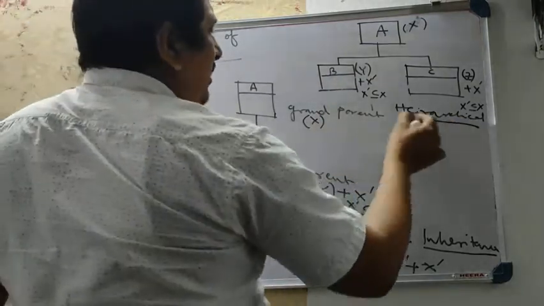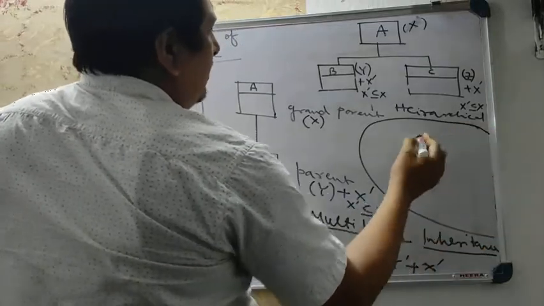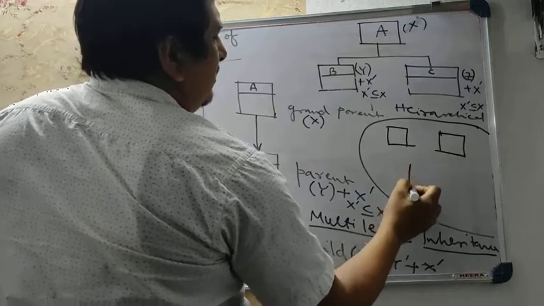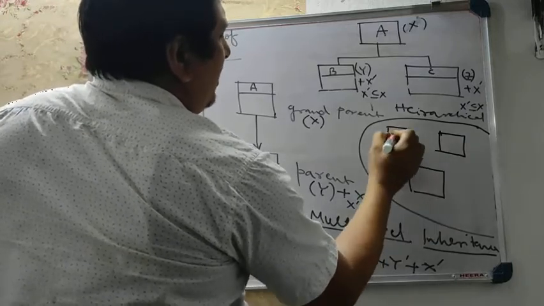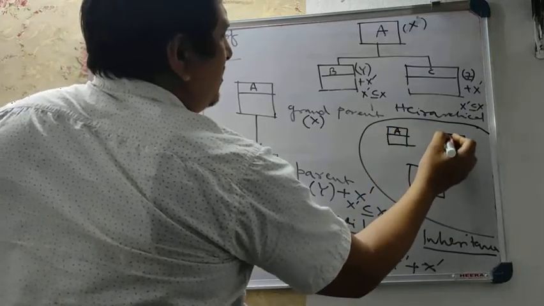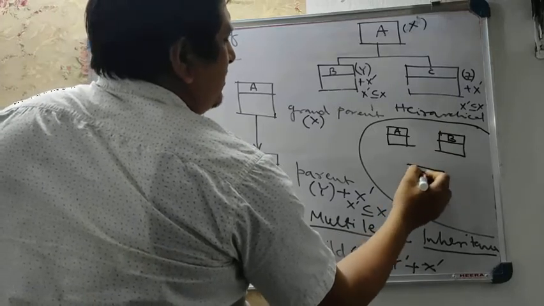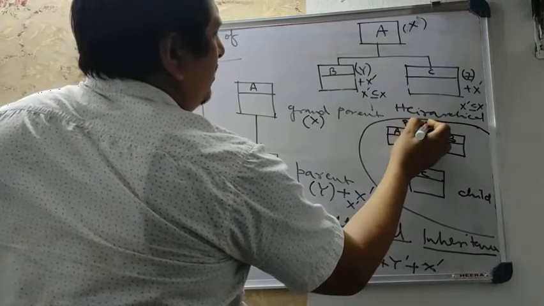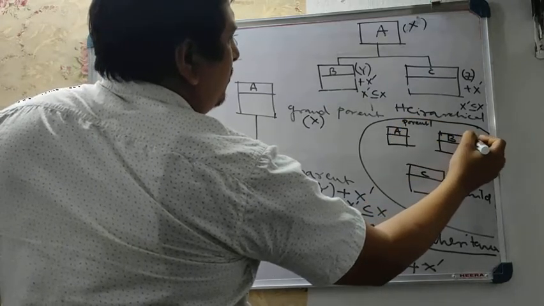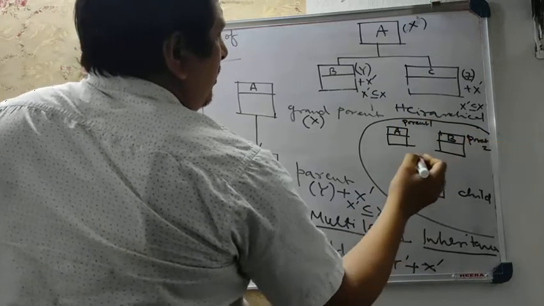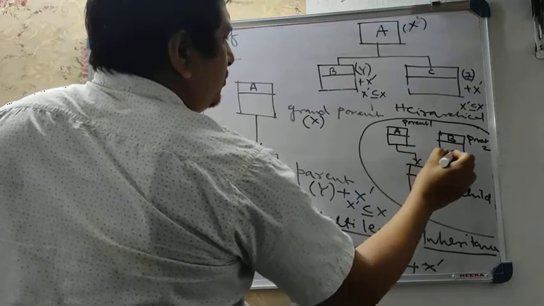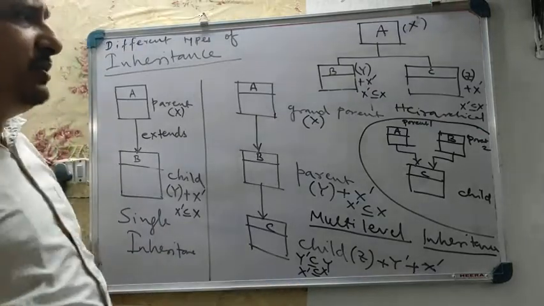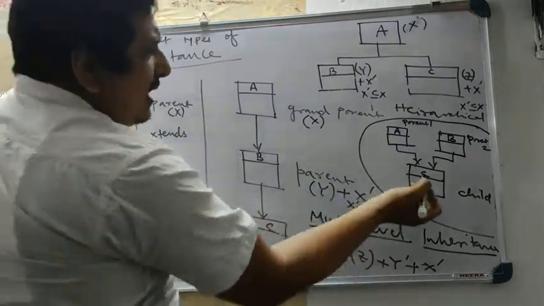And there is another concept where there are multiple parents and there is a single child. So A is the parent, B is the parent and C is the child. So it is a child, it is parent 1, it is parent 2, and both want to provide their features to C. C is actually confused.